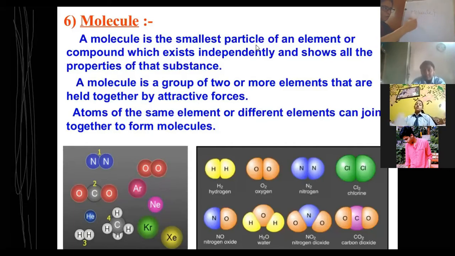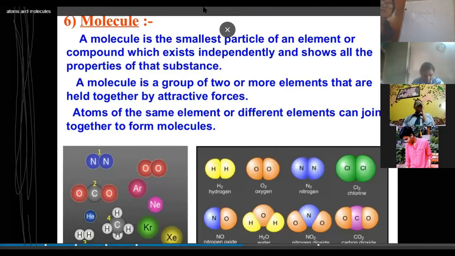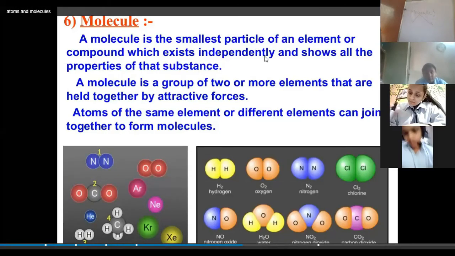Now molecules are of two types. Before I discuss the types of molecule, let me say that there are monoatomic molecules, diatomic molecules, triatomic molecules, tetraatomic and polyatomic molecules.